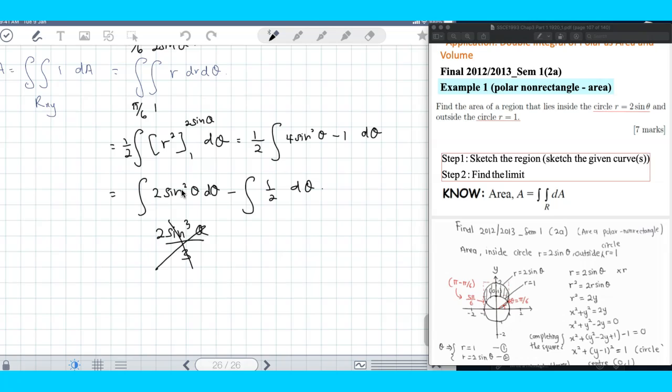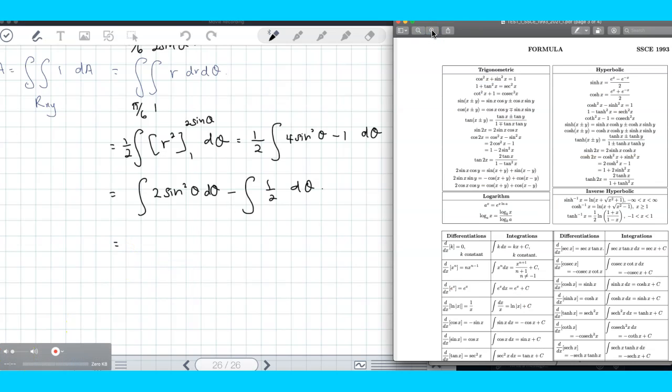Okay, as I told you before, if you have just theta squared, you can directly get theta cubed over 3 because it is just a single layer there. But if now you have two layers, where the outer is a square function and the inner is sine, then you cannot use that way directly. Okay, then you have to reduce the power by using a trigonometric identity.